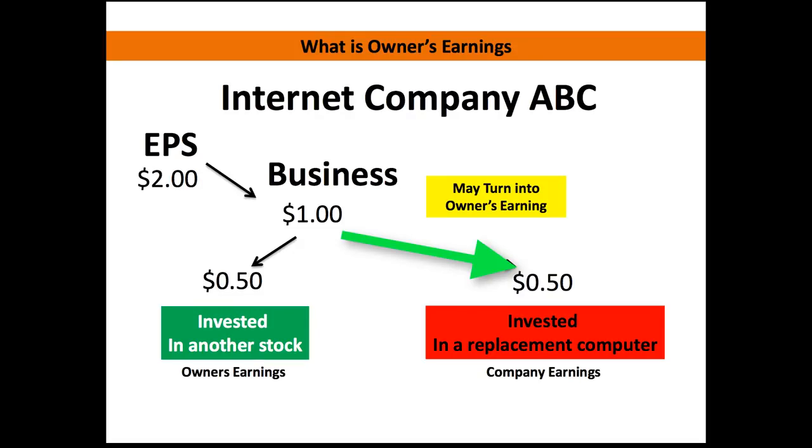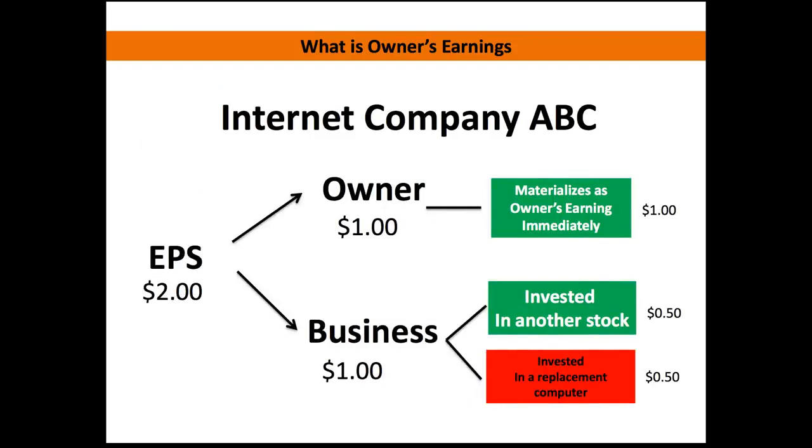That computer was then replaced with a new computer that they bought with this 50 cents of earnings per share. And so the new computer replaces the old computer on the balance sheet, and that didn't add any more money onto that book value. Okay. So as far as we're concerned, it's almost like that money disappeared, as we look at the earnings per share and how it didn't materialize into more book value growth.